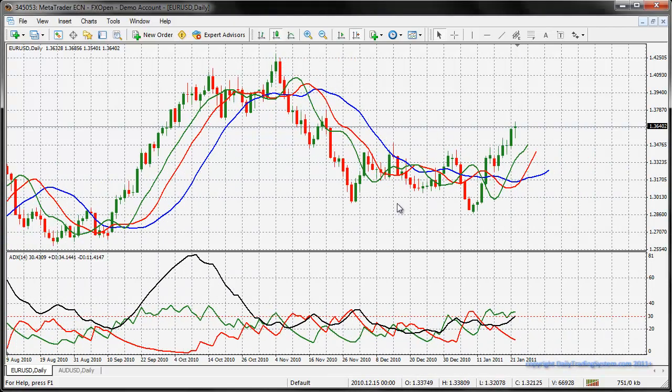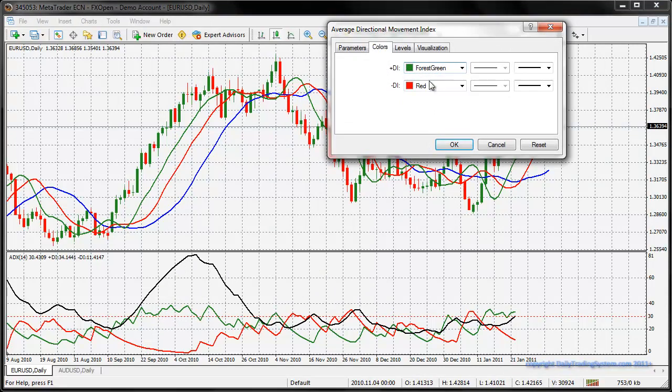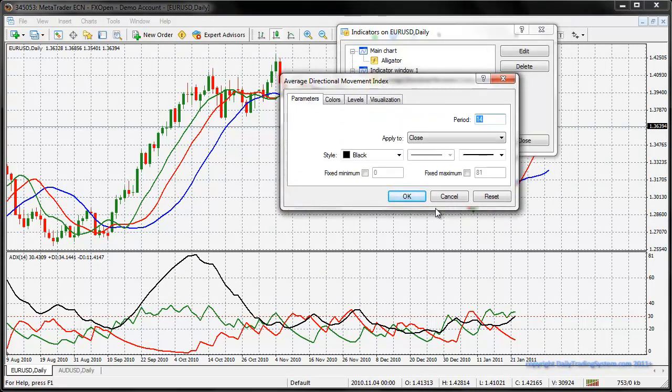So the ADX. The way this basically works, and the way that I use it, is I essentially look for the black line, which is the ADX. I'm going to right click, choose my indicators list, and show you the average directional movement index, and this is what the parameters look like. They're completely a different color by default.